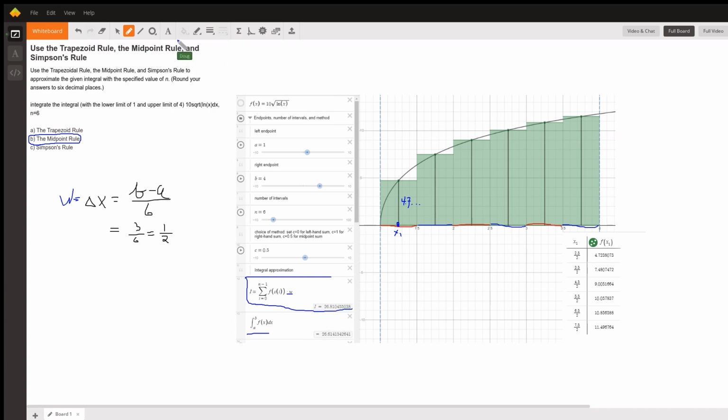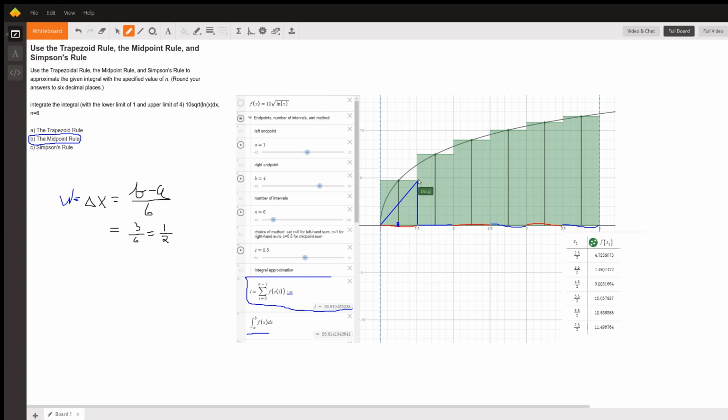Now, I'm not going to do the entire trapezoid rule here, but I will mention what has to happen. We're going to have the same subintervals, but we're going to visualize, let me use the line tool here, these segments from here, that creates a triangle in the first subinterval.